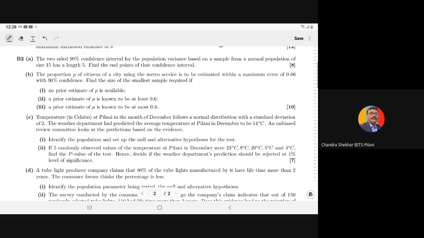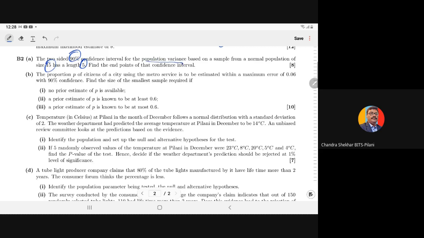So in this case, a 90% confidence interval is given to you. Here we have the sample size, and here we have the length, right? The length of the confidence interval, and we are interested in the confidence interval of the population variance.